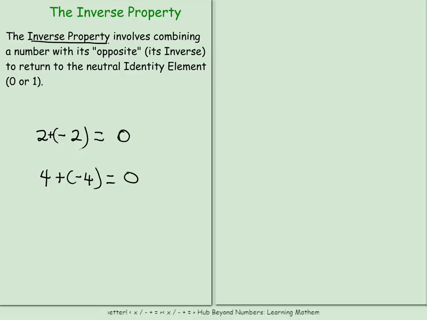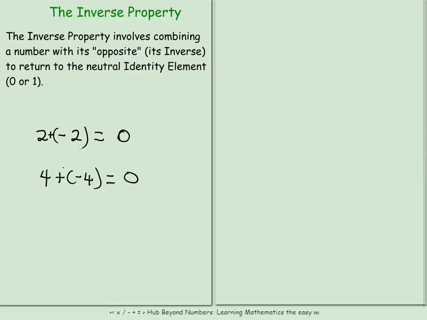So the inverse property involves combining a number with its opposite, or in other words, its inverse, to return to the neutral identity element. We have established that 0 is the identity for addition. What do you want to do to 2 to give it that identity? That number is what we call the inverse.